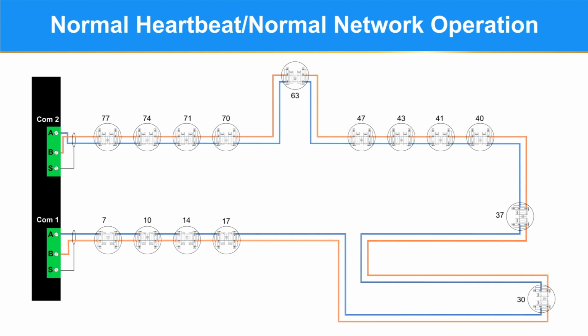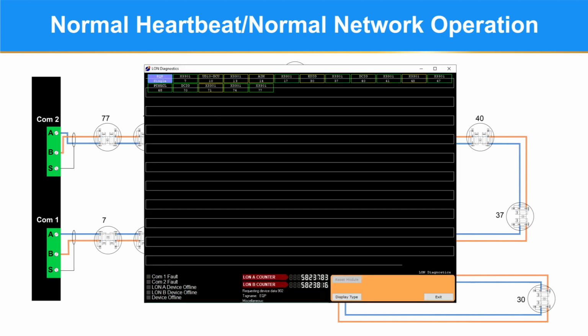Here is the EQP S3 software LON diagnostic page for a fully functioning LON network. All the devices blink changing colors as they alternate communicating with COM1 and COM2 of the controller. When something happens where the heartbeat does not make it around the network, the devices will start locking into the COM port they are successfully communicating with.